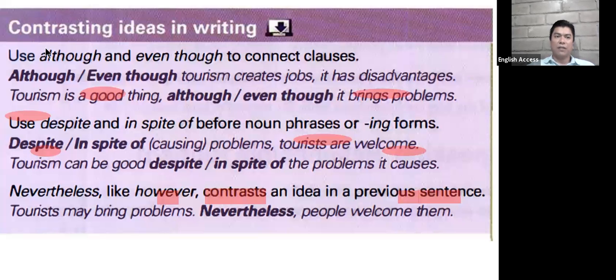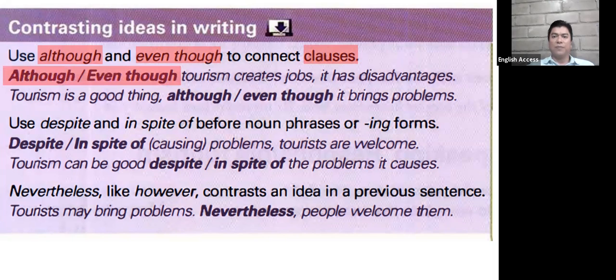Now what we have are contrasting ideas in writing. Use although and even though to connect clauses. What are clauses? Complete sentences. Yes, although or even though tourism creates jobs. So here we have 1 sentence, comma, it has disadvantages.